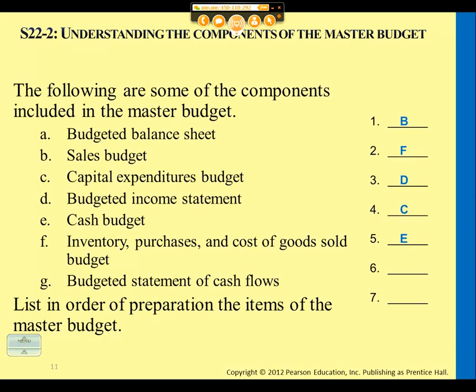Budgeted what? You sure? Why not statement of cash flows? Yes, it is. That's right. So 6 is your budgeted balance sheet and then your cash flows.